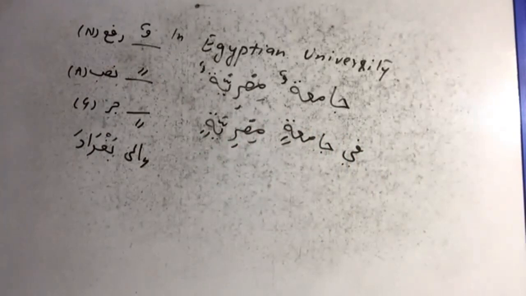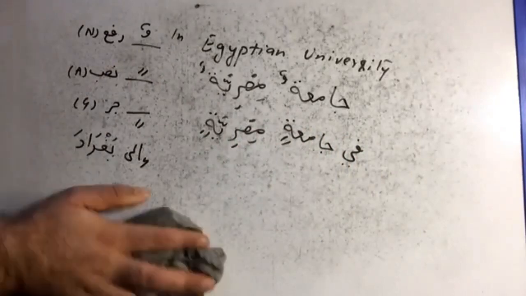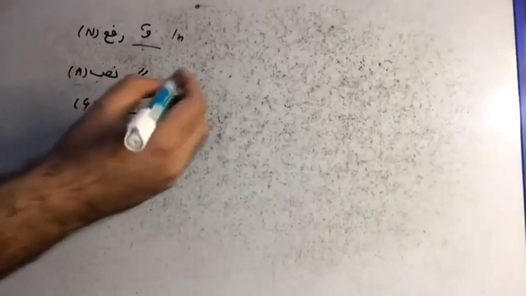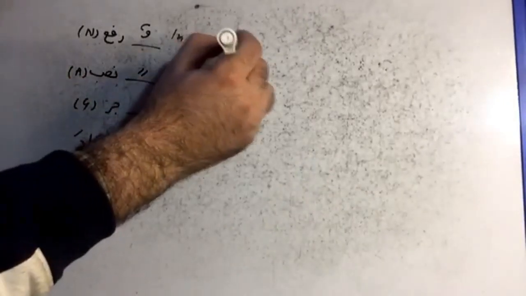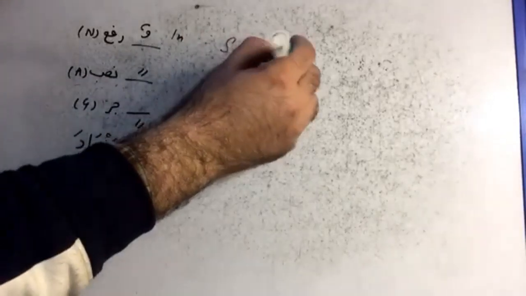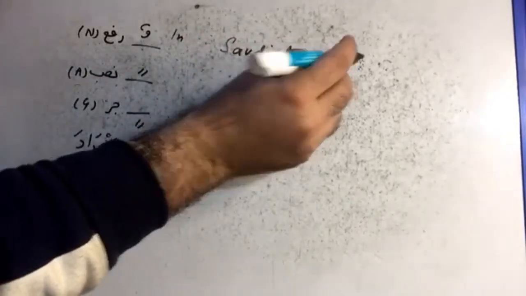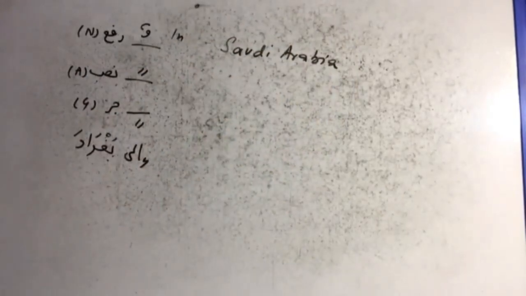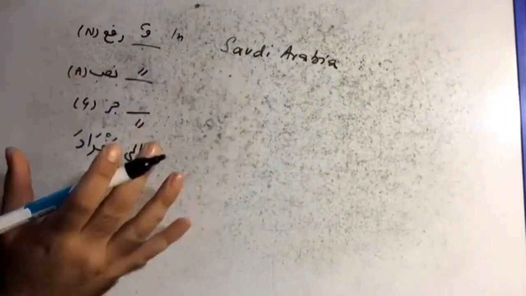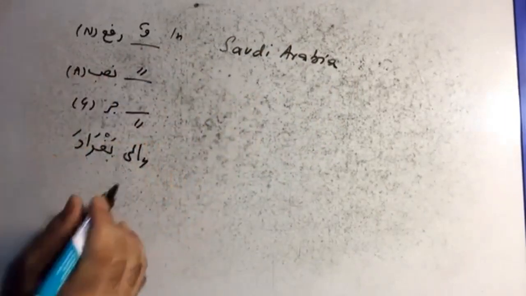So if I had to say Saudi Arabia, Arabia, it's Arabia. Arabia is huge, right? Iraq is also Arabia. Egypt is Arabia. But this Arabia is Saudi, right? So Saudi is sifat. It's an adjective.